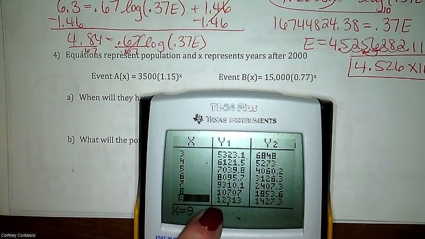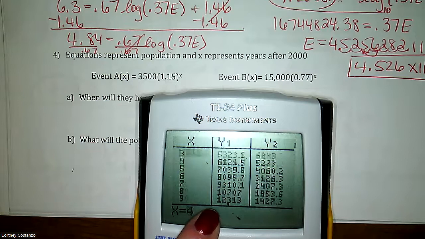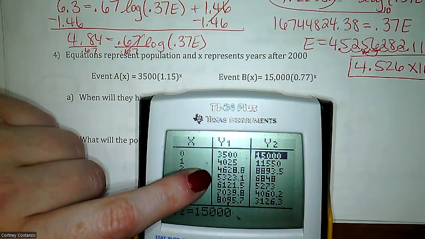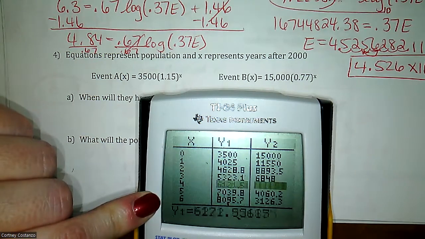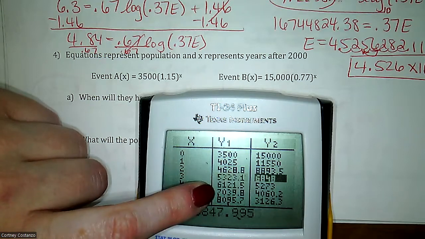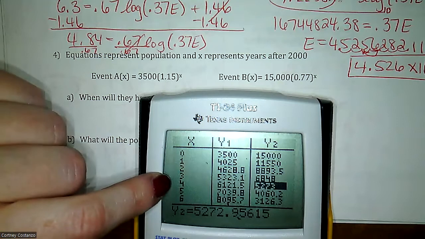Okay, so this one's going down as this one's going up. Something happens somewhere around 3 to 4 because we have 5,000 going to 6,000, and this is going from 6,000 going to 5,000. They're crossing somewhere between 3 and 4.